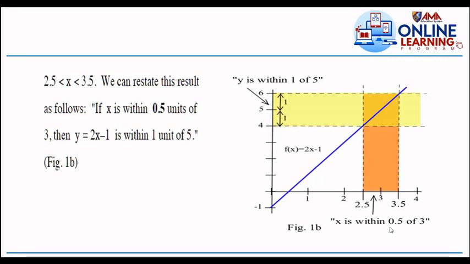If x is within 0.5 of 3, ito siya, 3 minus 0.5 is 2.5, 3 plus 0.5, we have 3.5. If x is within 0.5 of 3, y is within 1 of 5. Ibig sabihin nun, as x approaches 2.5, our limit is 4.